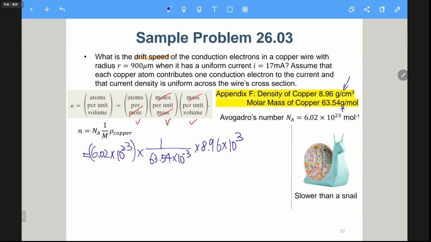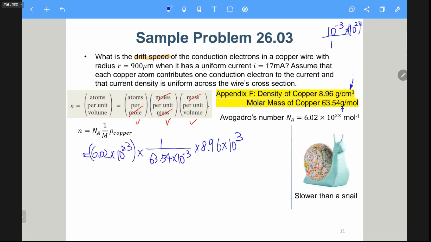You may feel it is quite strange because this is in grams, and to change it to kilograms it is 10 to the minus third power. But here we have centimeter cubed, which is in the denominator.